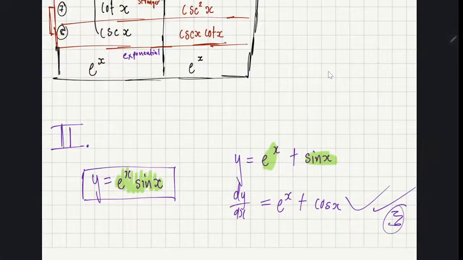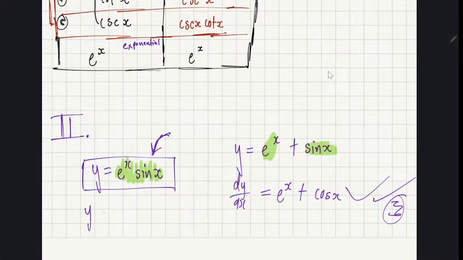But what about this situation? Or y is ln x over x squared plus 5x. What about this situation? Now, remember, you're a mathematician. You don't live from guesswork. We never ever do guesswork.